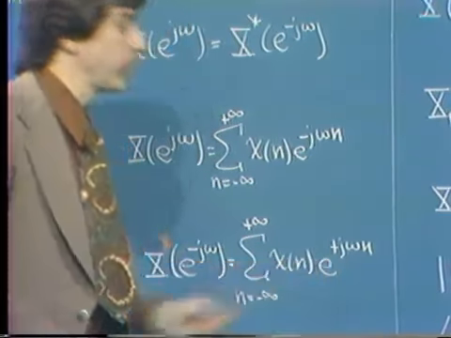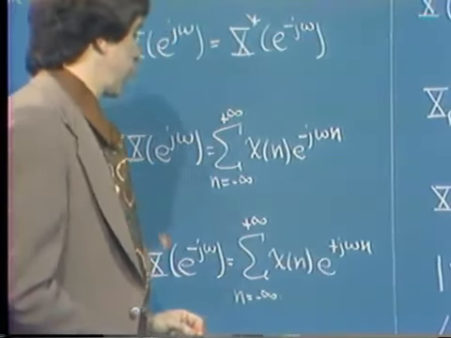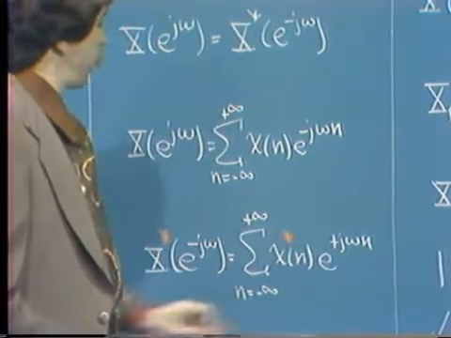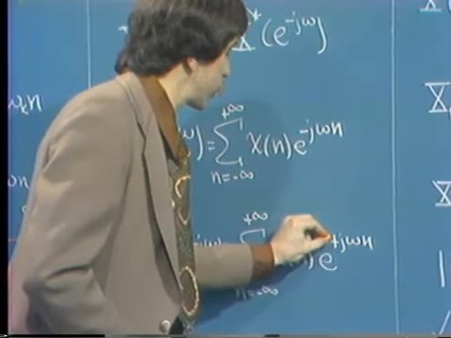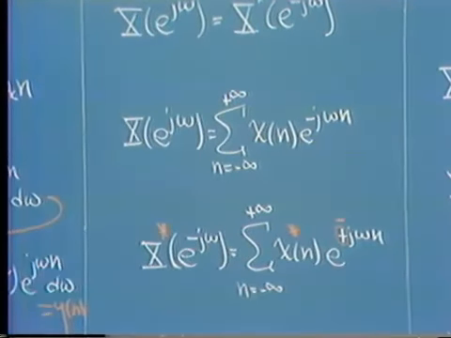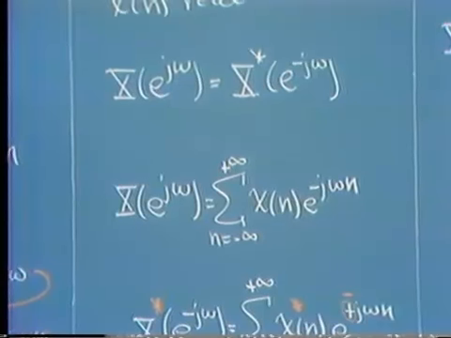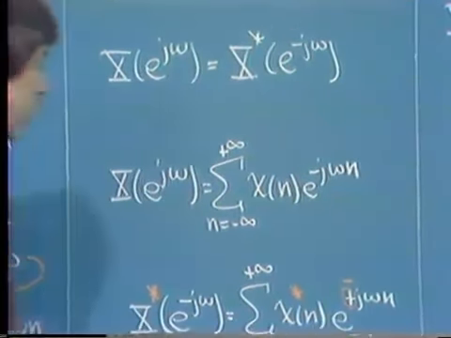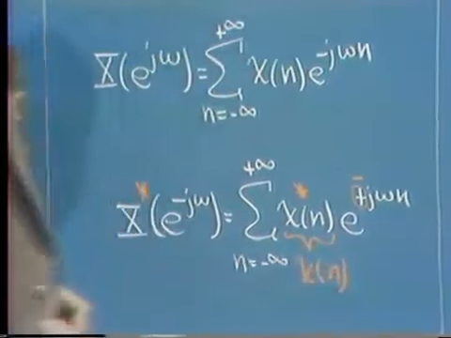So we want to complex conjugate this. Well, we would do the same on the left-hand side, on the right-hand side. And so we would conjugate that and conjugate this, which replaces this plus sign with a minus sign. But we're talking about a real sequence, x of n. So x conjugate of n is just x of n. In other words, this is just x of n all over again.